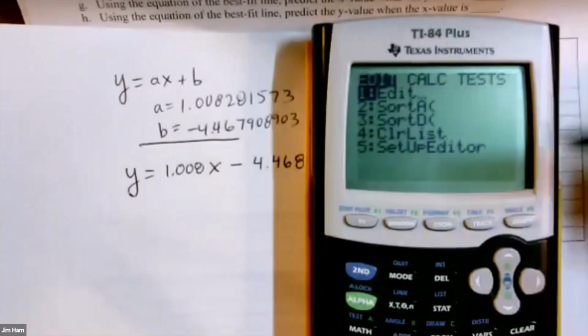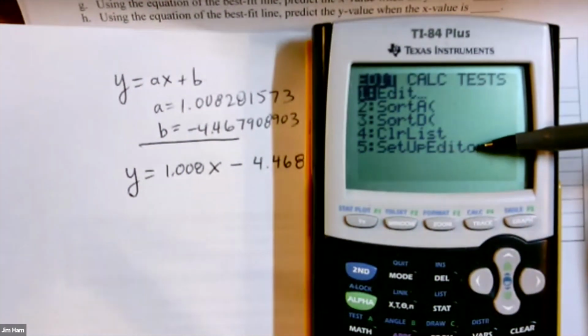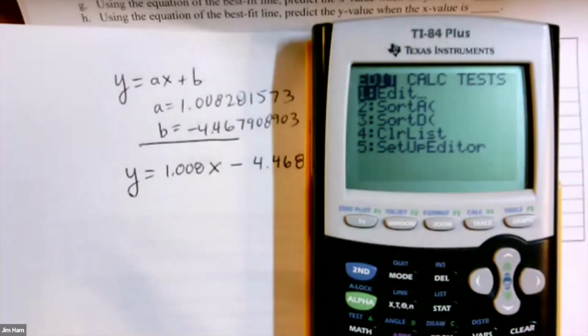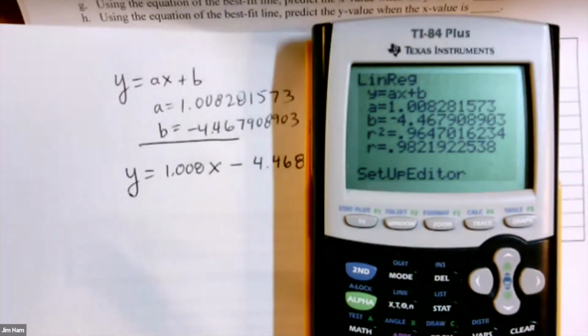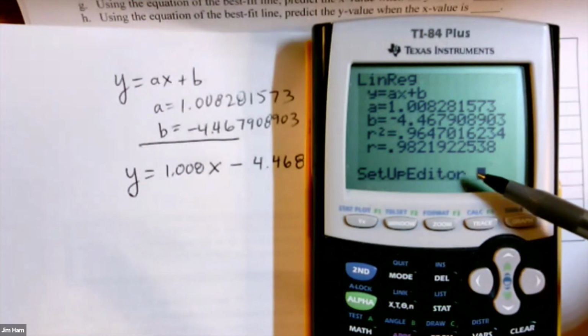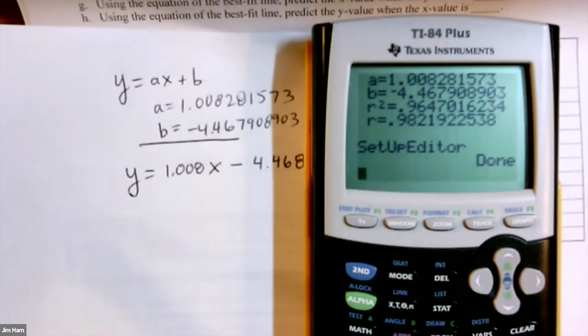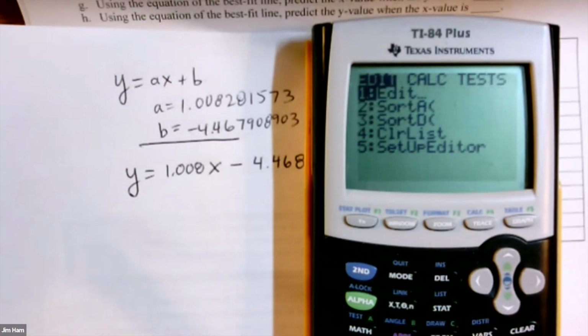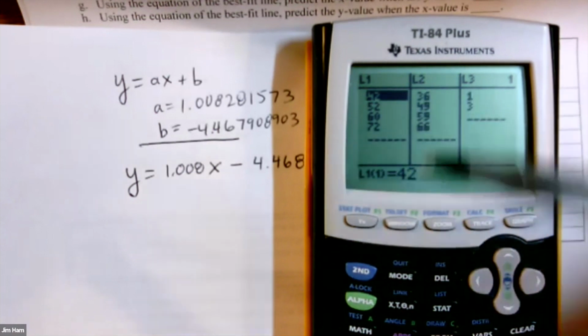Go to stat and then go all the way down to setup editor, number 5. So press number 5 so that it comes to your home screen and then hit enter. So this kind of sets the display screen back to default where you have L1 through L6. It doesn't look like much happened here, but if you go back to stat and then edit, you're going to see those values come back.